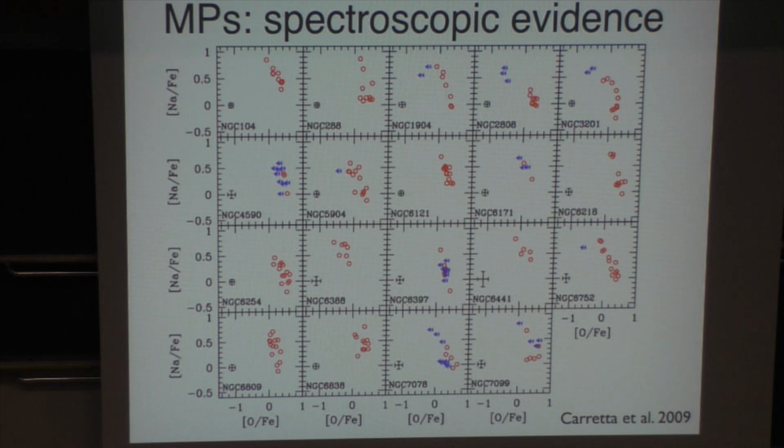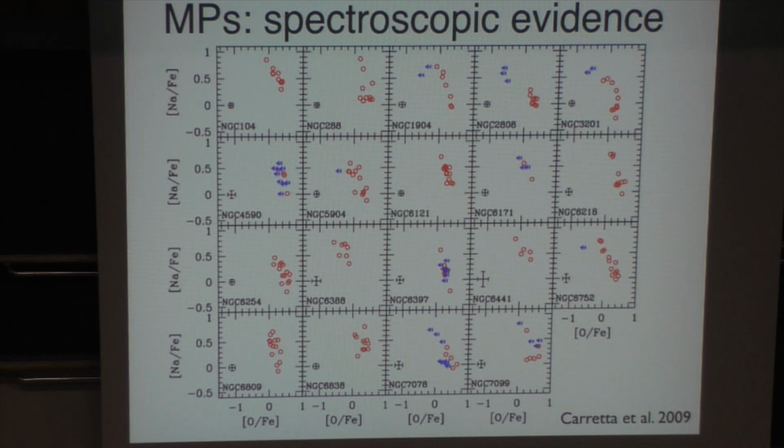Each cluster has this anti-correlation with some stars that have relatively normal, meaning supersolar, oxygen to iron ratios, typical for halo stars, and relatively low sodium to iron ratios. And then there's these stars up here that are strongly enhanced in sodium and depleted in oxygen.